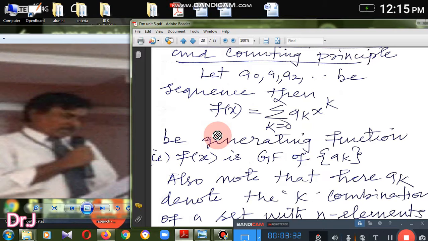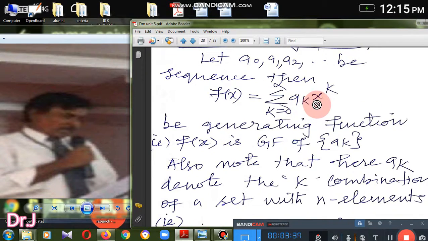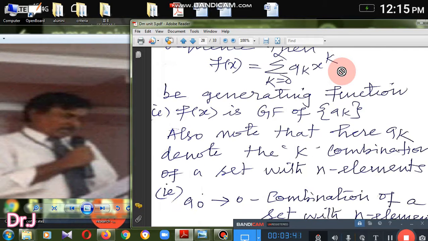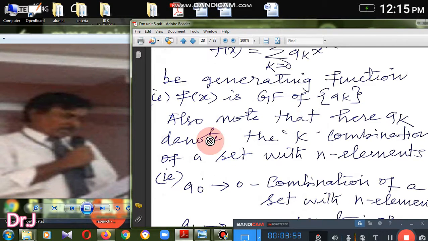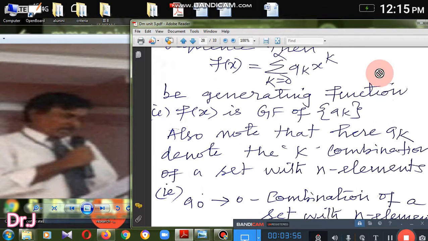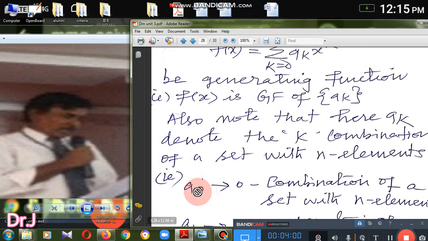But what is the speciality in those coefficients, I mean the sequence A0, A1, A2, A3, dot dot dot? Mathematicians found a significance between the coefficient of x power k and the counting principle. We know what A0 is.